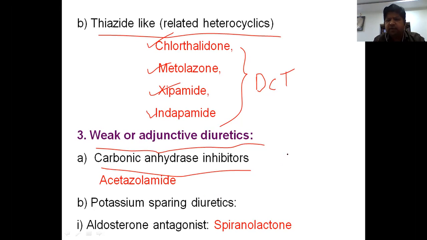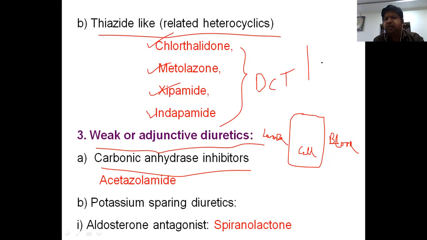Generally, what happens inside your kidney? This is what we call blood. Suppose this is your blood, this is your epithelial cell, and here this is your lumen, the empty tube.